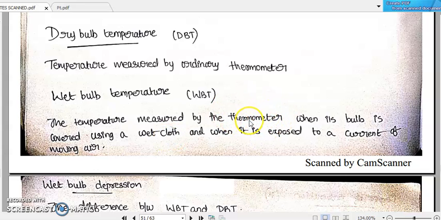The temperature indicated by that thermometer will dip, or be reduced, mainly because the wet cloth is taking up heat or energy for the evaporation of that moisture content. So normally in ambient conditions, the wet bulb temperature will be somewhat lower than the dry bulb temperature.